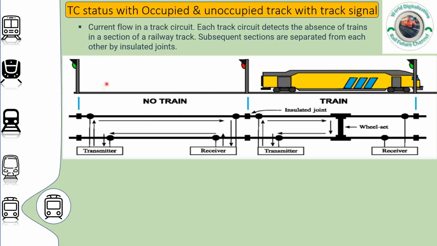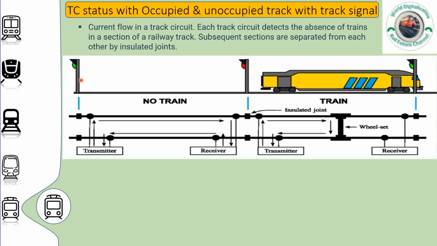So the first section is unoccupied as the track circuit has power at the receiver here, so the transmitter sends the power and the receiver receives the power. There is no short over the track circuit, so that means it's an unoccupied section.